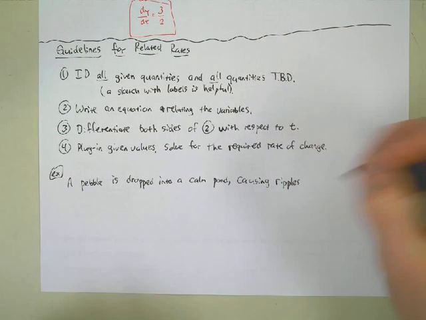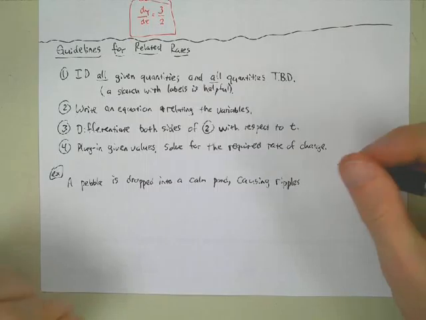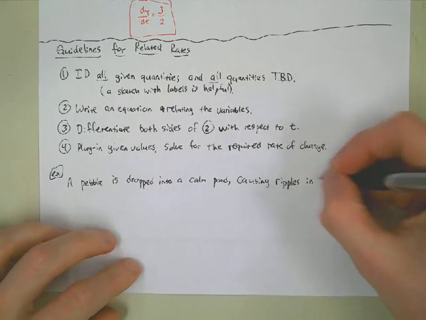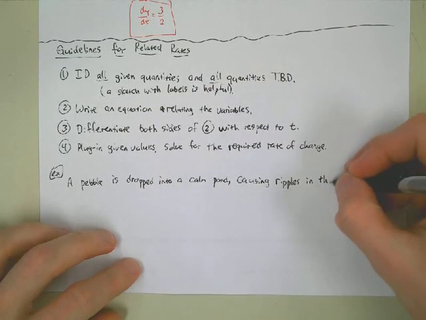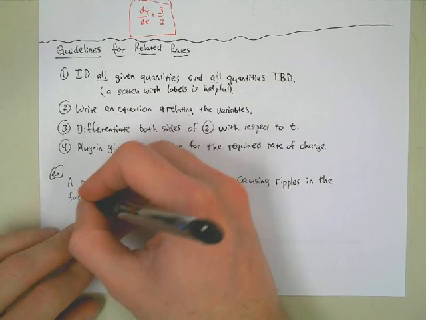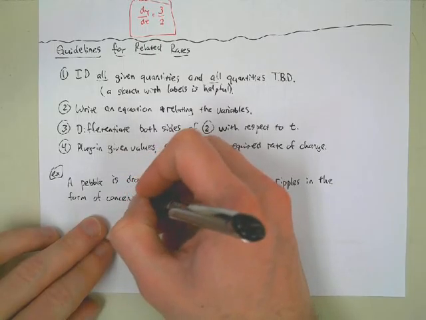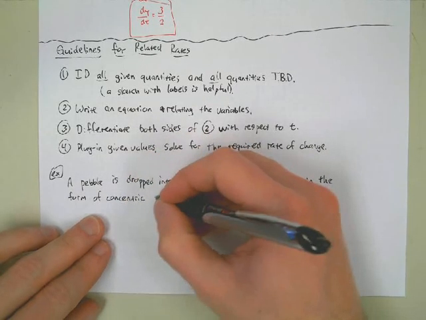Okay. So anyway, a pebble is dropped into a calm pond, causing ripples in the form of concentric circles. Do you know what the word concentric means? Circles inside of each other.